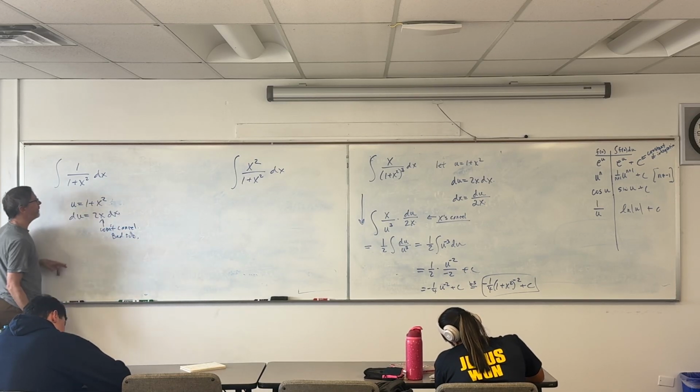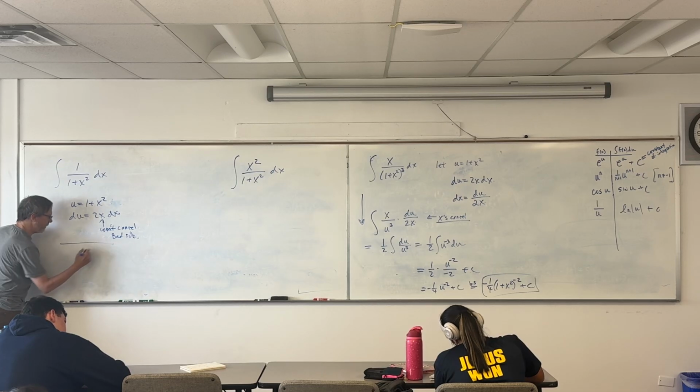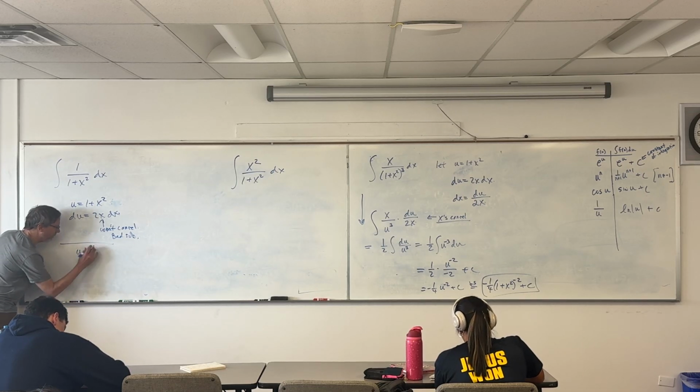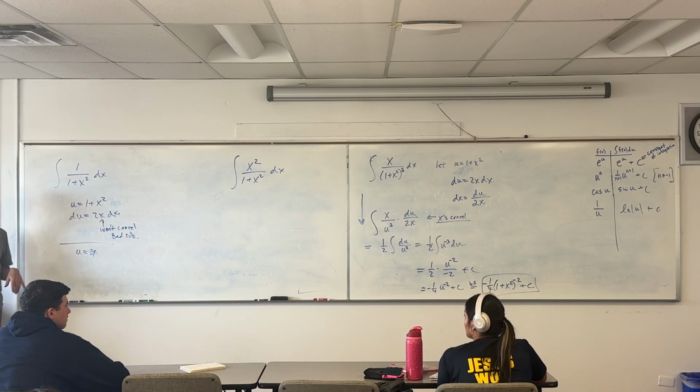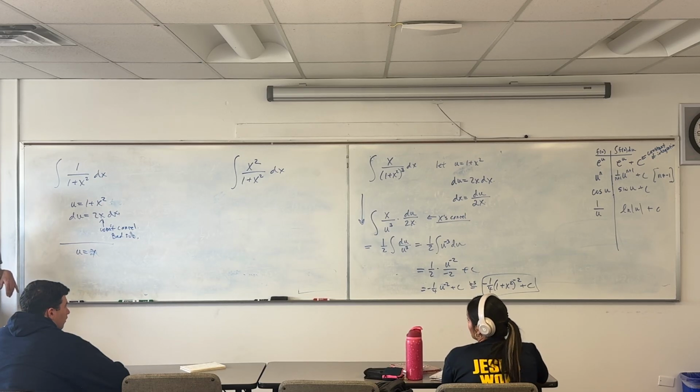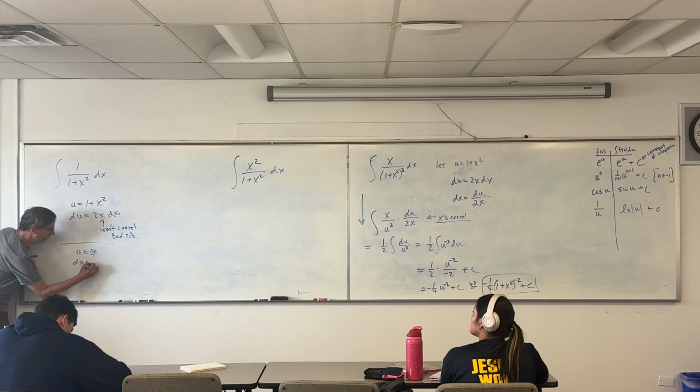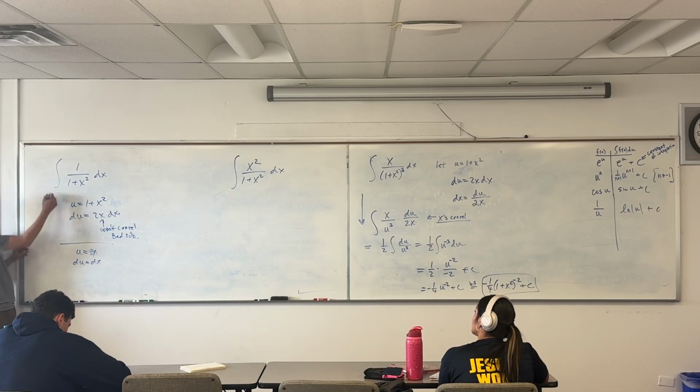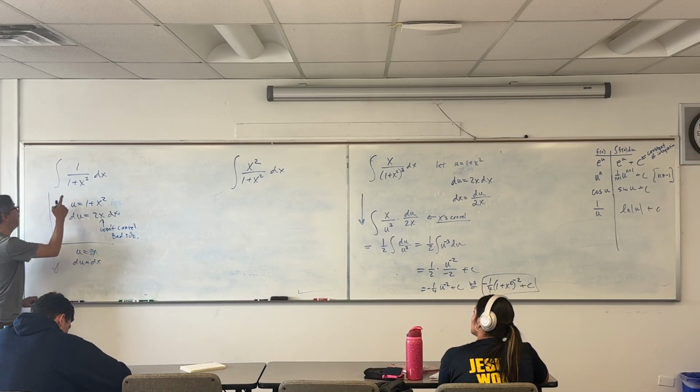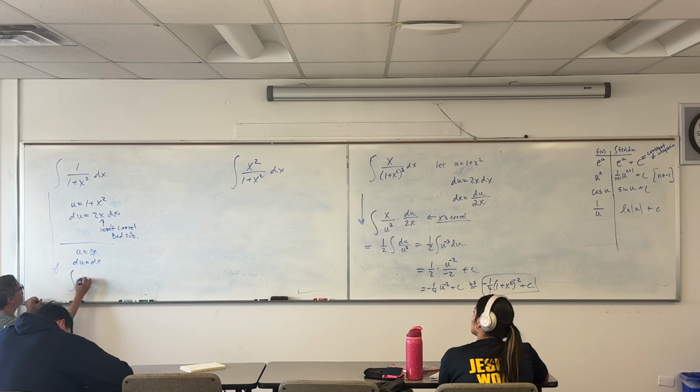Well, let's try something else. So you keep trying. You say, okay, what about u equals x? What does that do for me? Let's see. du is dx, and I rewrite, and my integral looks like this: 1 over 1 plus u squared du.